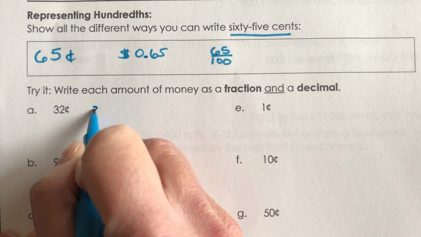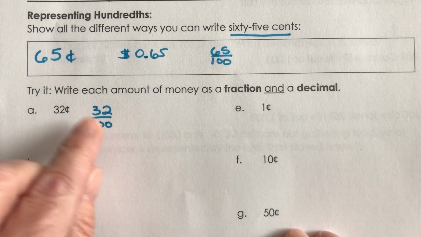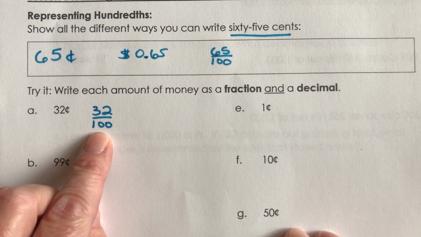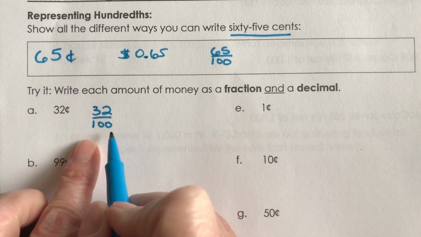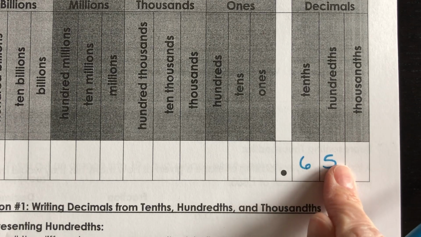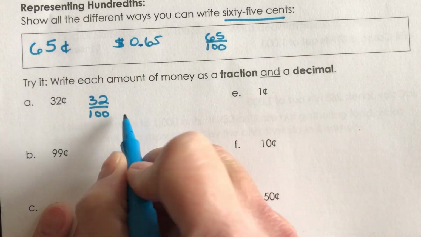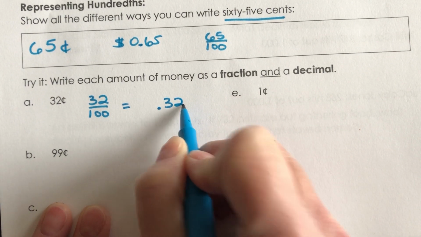You have 32 out of 100 cents. 100 hundredths would mean you'd have a whole dollar. So 32 hundredths as a decimal would be 0.32 because that 2 would be in the hundredths place. So 32 hundredths is the same as 0.32.